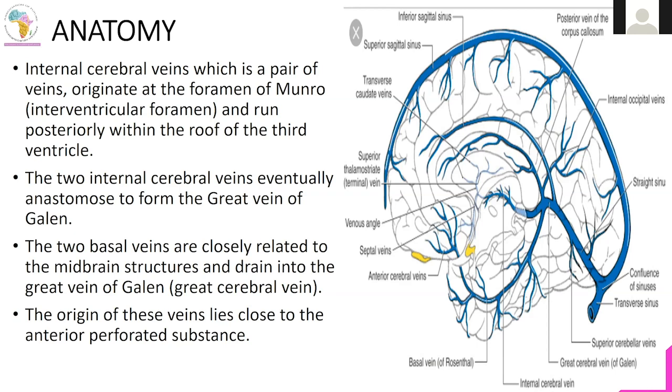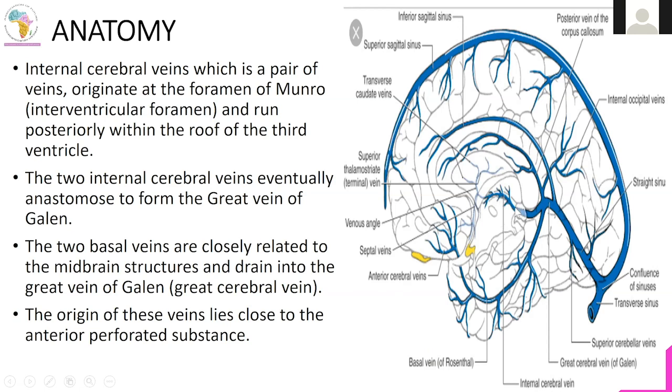The two basal veins are closely related to the midbrain structures and drain into the great vein of Galen, which is also called the great cerebral vein. The origin of these veins lies close to the anterior perforated substance. So here we see the internal cerebral veins.